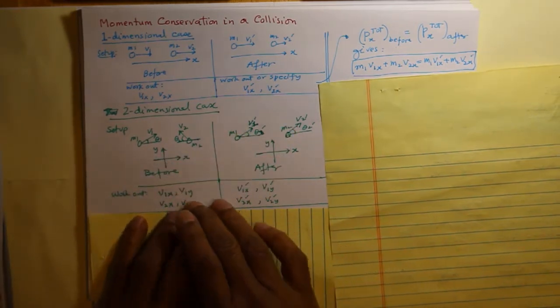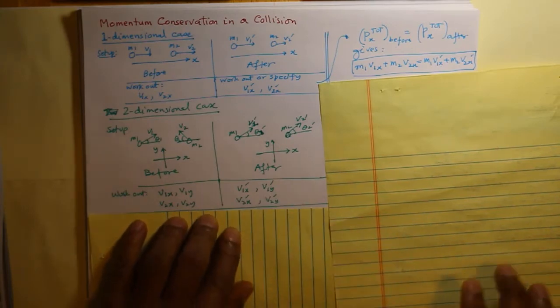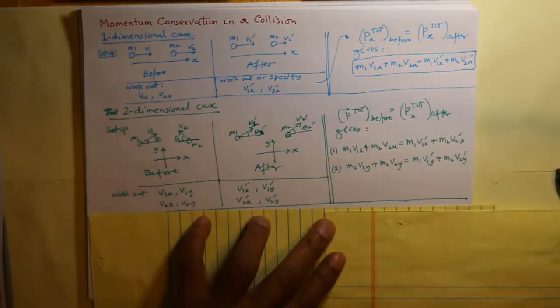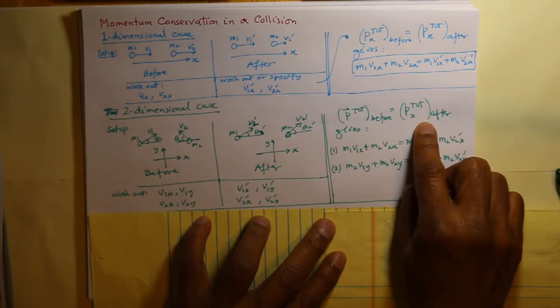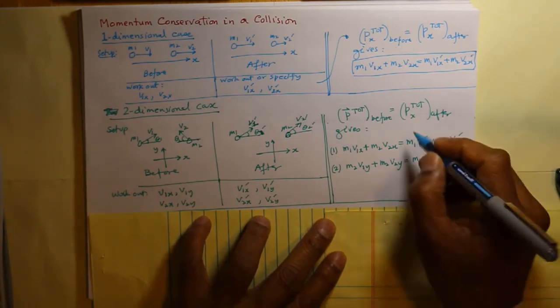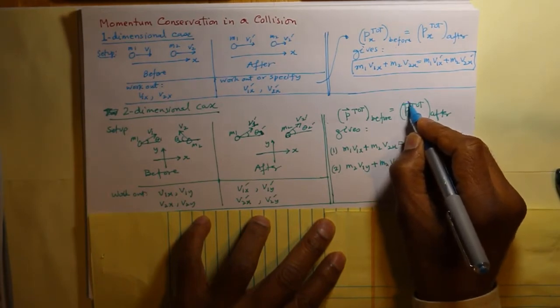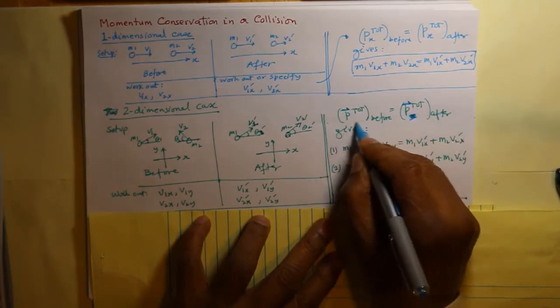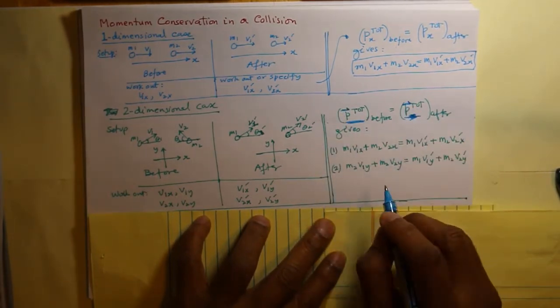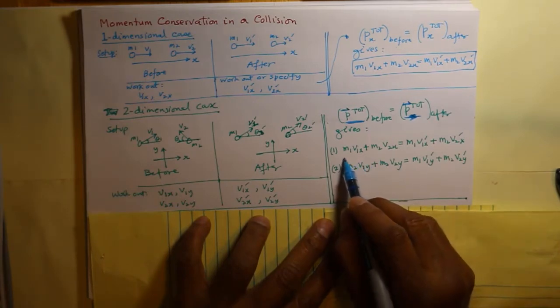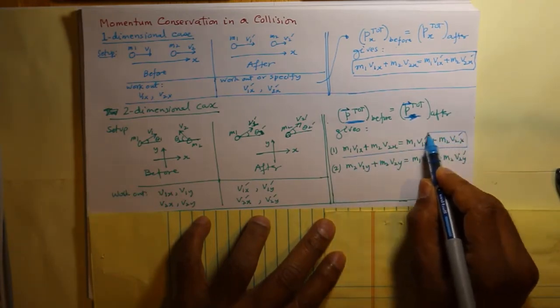And once I have these components, I can write the momentum conservation, which is a vector equation now. So there's a mistake here, not x there. This is a vector. This is a vector, which has both x and y here, both x and y here. And so this is along the x-axis.